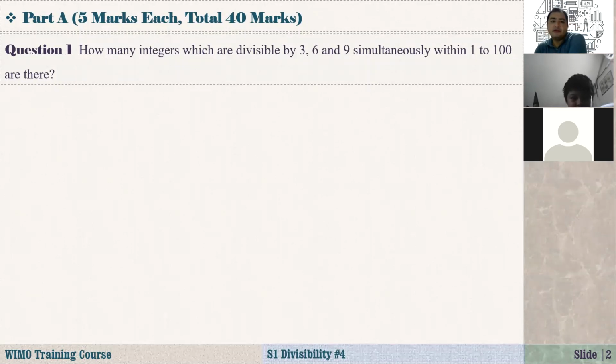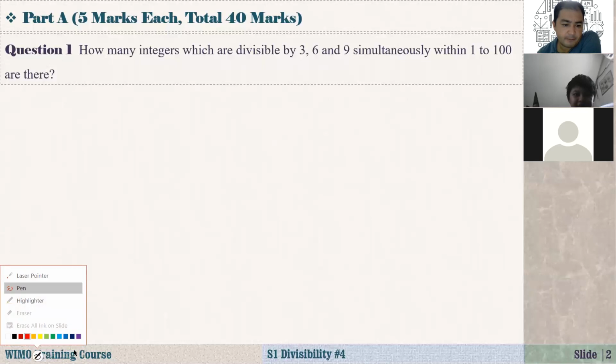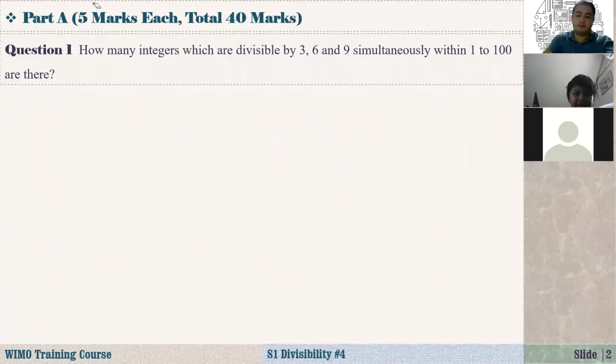Yes. Good. So now, Carol, can you read the first question? How many integers which are divisible by 3, 6, and 9 simultaneously within 1 to 100 are there?